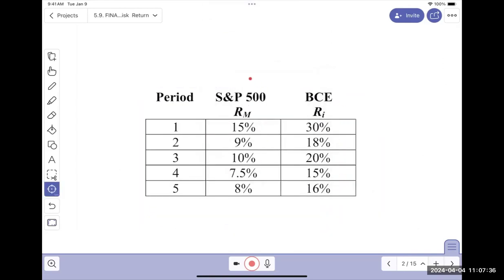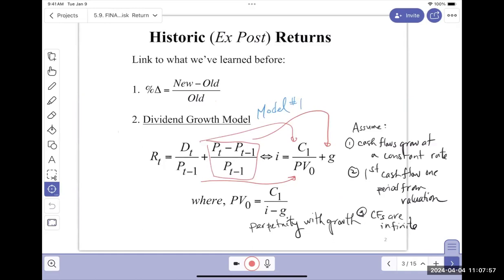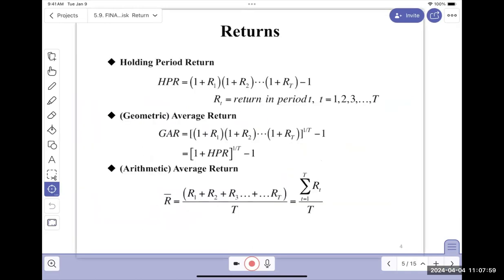I'm not going to teach you how to calculate an index like the S&P 500. It's very involved because you got to find the 500 securities and you got to weigh them and all that. So we're not going to work with that, but you can imagine how that's done. But we're going to focus on calculating the returns for an asset and for, well, you'll see what we do with this.